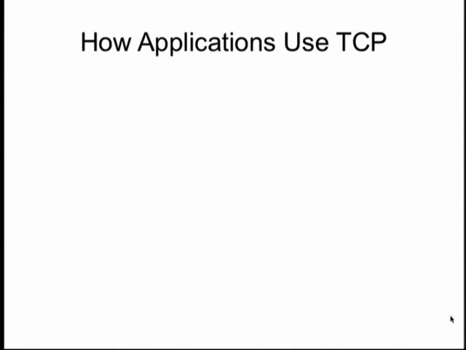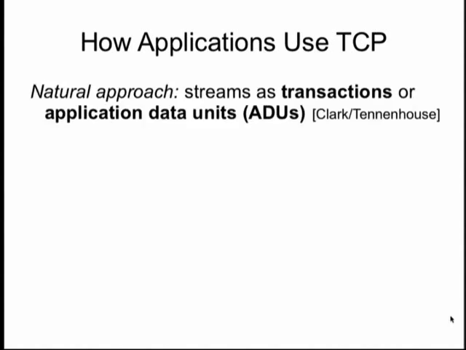So to introduce the basic idea, I want to look at how applications use conventional TCP streams. I'm going to contrast two different approaches. The first approach I call the natural approach. This is to use a stream to represent an application data unit or a logical transaction or logical communication activity.